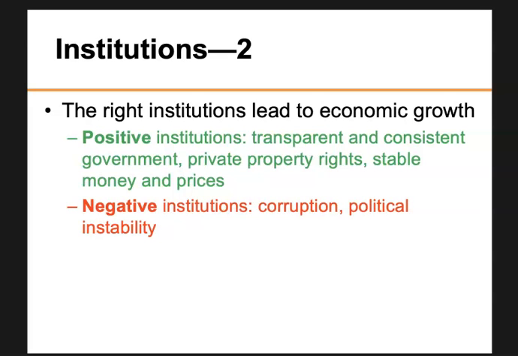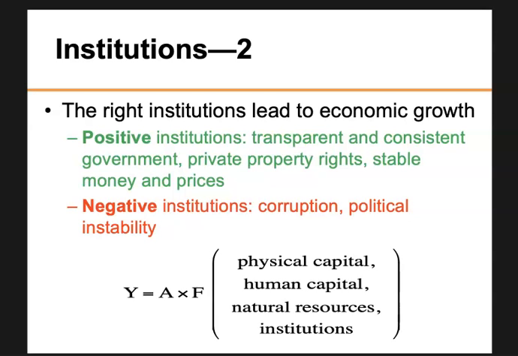So now we are going to adjust the production function. Take a look. We used to have physical capital, human capital from Solow Growth Model 1, natural resources as well, and technology in Solow Growth Model 2. But now we put institutions as part of the inputs that determine the output, and institutions also interact with technology. It secures that the benefits from innovations can be reaped, giving more incentive for firms to innovate.